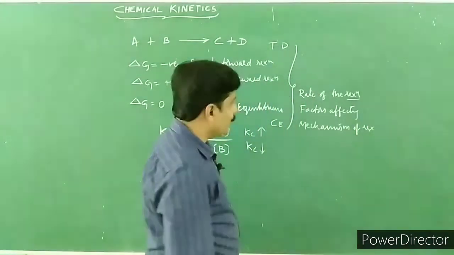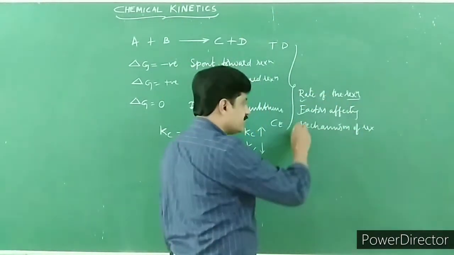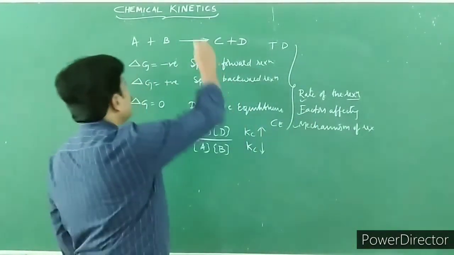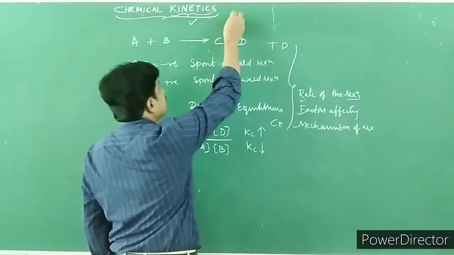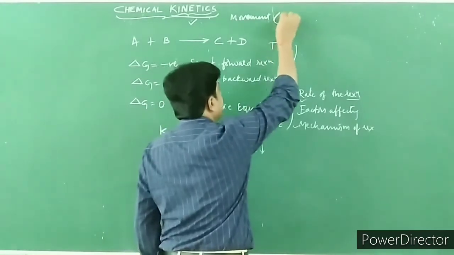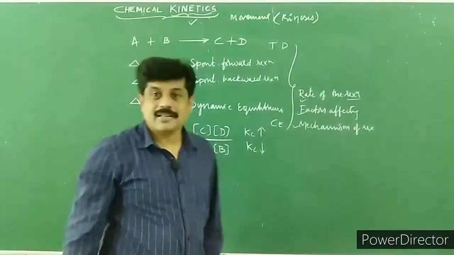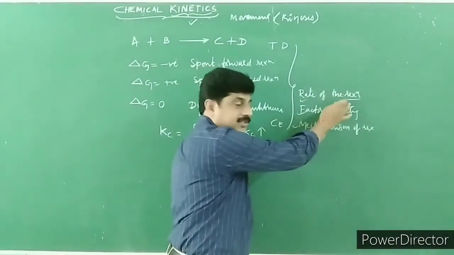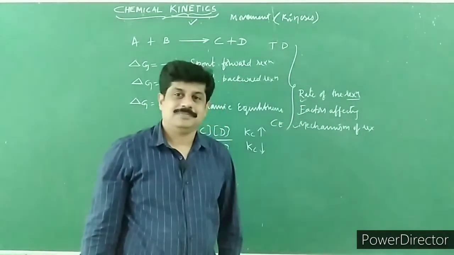Children, in order to know the rate or speed of the reaction, the factors affecting the rate or speed of the reaction and the mechanism of reaction, you need to have a separate branch of chemistry that is called chemical kinetics. Children, the literal meaning of kinetics refers to movement. It is obtained from a Latin term kinesis. Children, chemical kinetics is a branch of chemistry which deals with the speed or rate of the reaction, factors affecting the rate of the reaction, and the mechanism of reaction.